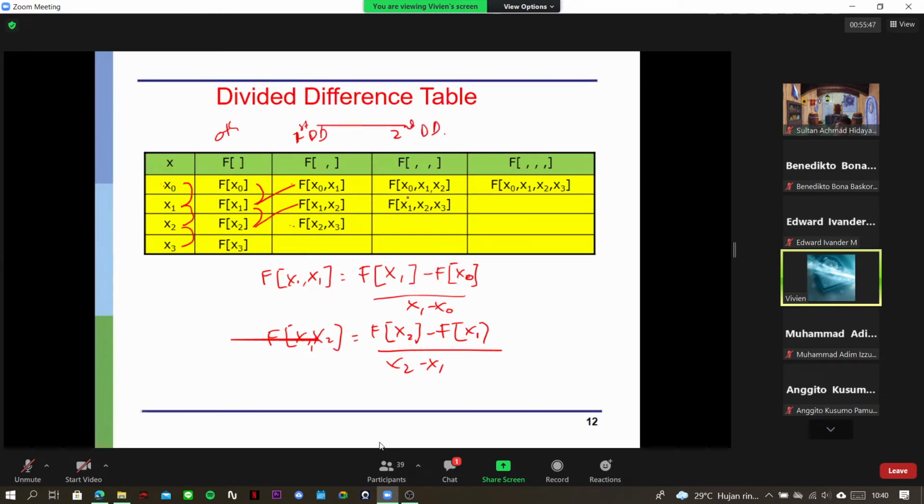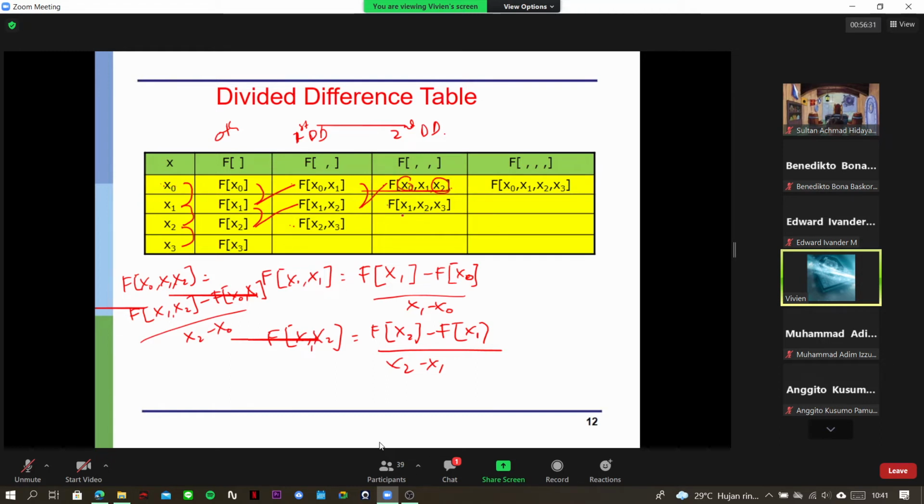So how to find the second divided difference? Now we have f[x0, x1, x2], which will be equal to f[x1, x2] minus f[x0, x1], divided by the last point, x2 minus x0.